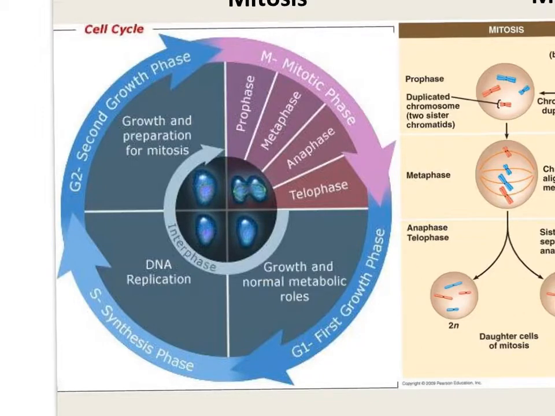G2, that's growth and preparation for mitosis. And then finally, it enters prophase, where all the DNA, which is all kind of spread out, condenses into chromosomes, and the whole thing happens. You go through prophase, metaphase, anaphase, and telophase, and then cytokinesis.